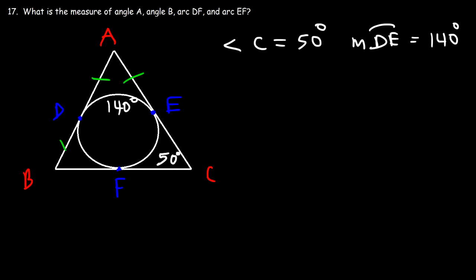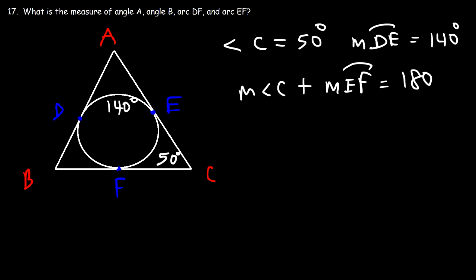In addition, whenever you have a tangent angle, the angle and the intercepted arc are supplementary. So angle C and arc EF, they have to add up to 180. So to calculate arc EF, it's going to be 180 minus 50, which is 130.